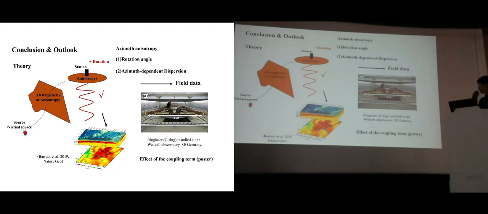I plan to use the thin ring laser rotation sensor to test the theory, but it will be very difficult. The coupling term between the quasi-Rayleigh wave and the quasi-Love wave also affects the calculation of dispersion. If you are interested in my research, we can discuss it at my poster.